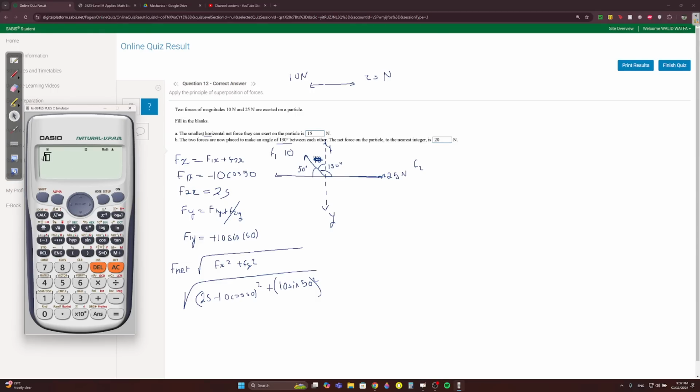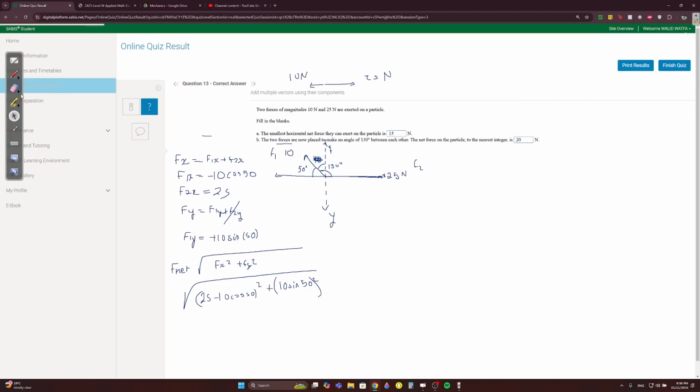Radical brackets 25 minus 10 cosine 50 squared plus 10 sine 50 squared. 20 to the nearest integer. I thought to one decimal place. To the nearest integer, it will be 20.